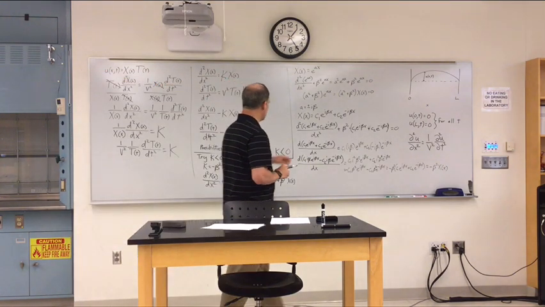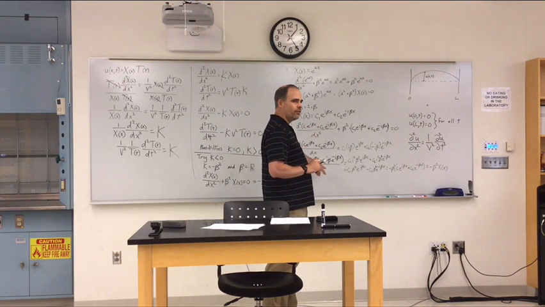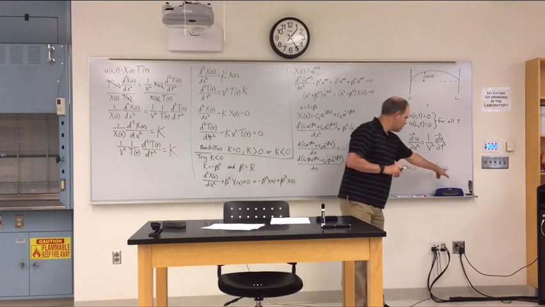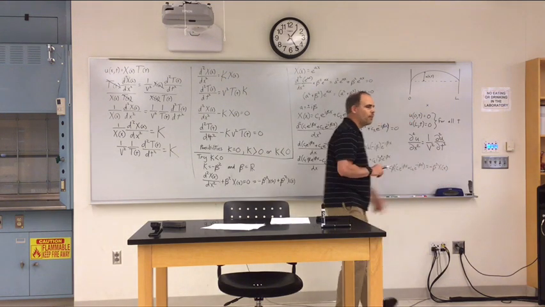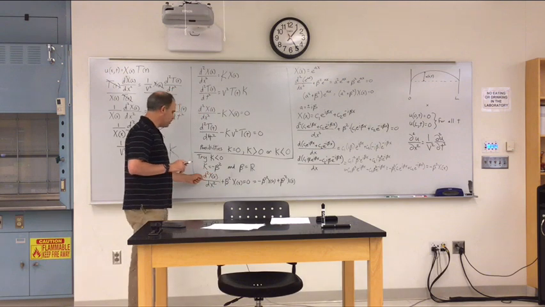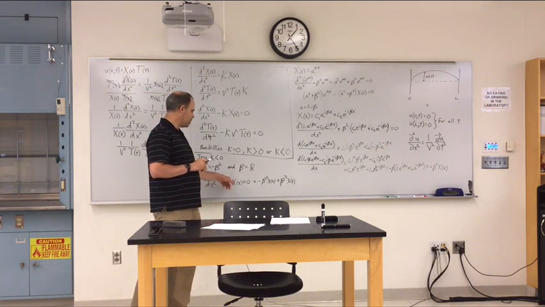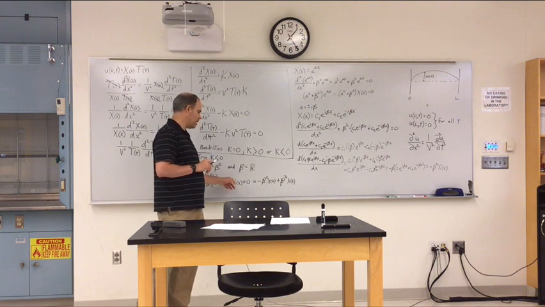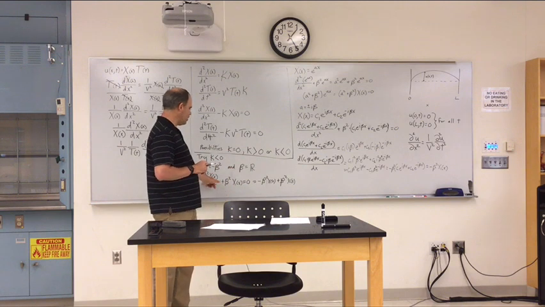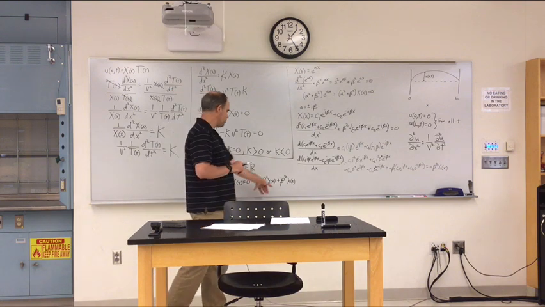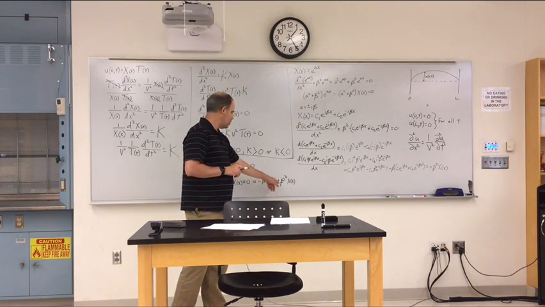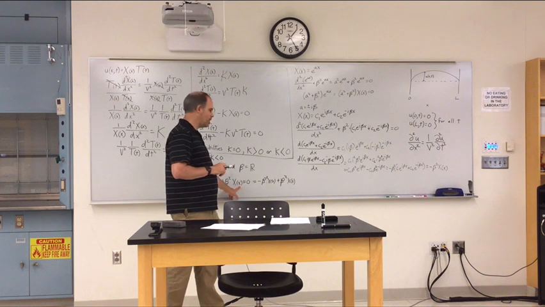We just took the second derivative of x, and that's what we get. So I'm going to plug that back in over here where we say the second derivative of x plus beta squared x should be equal to 0. The second derivative here is minus beta squared x of x, plus what we had before, beta squared x of x.